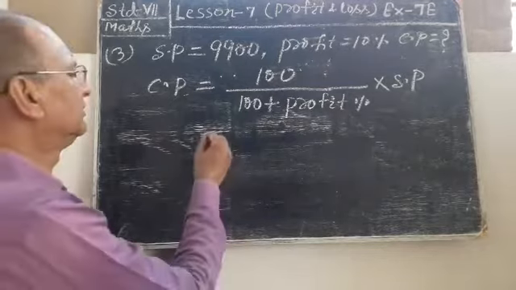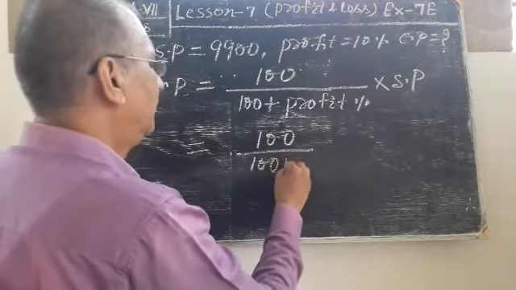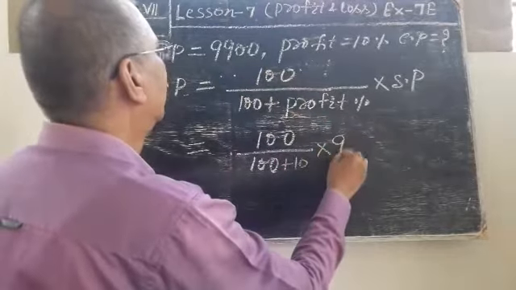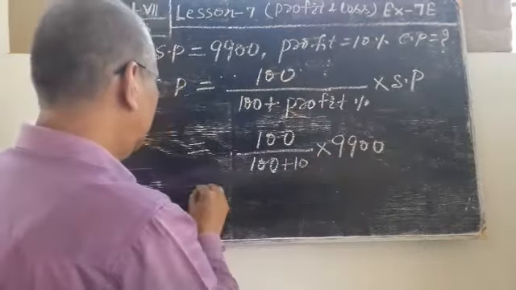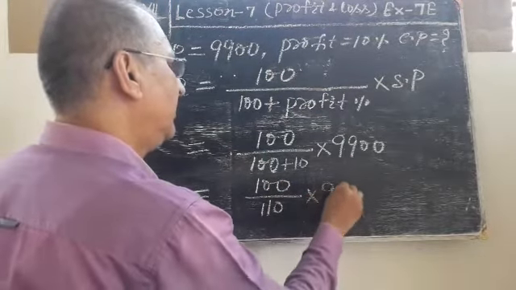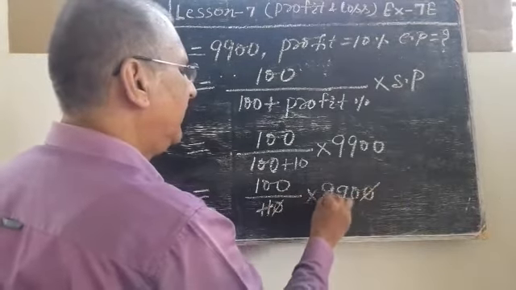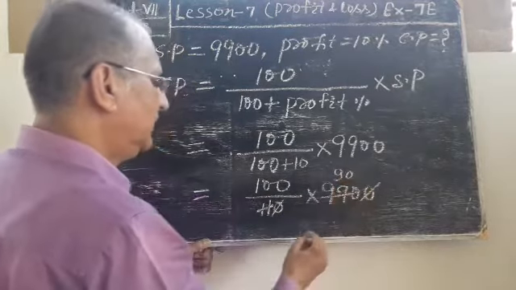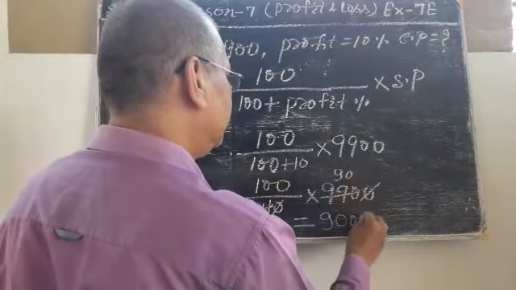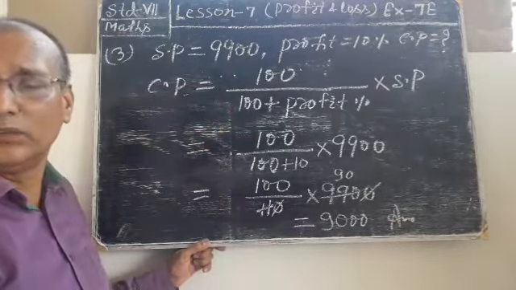The values are 100 by 100 plus 10 into SP, which is equal to 9900. This is equal to 100 by 110 into 9900. Simplifying, 9 into 1000 is 9000. So the CP of the article is 9,000.